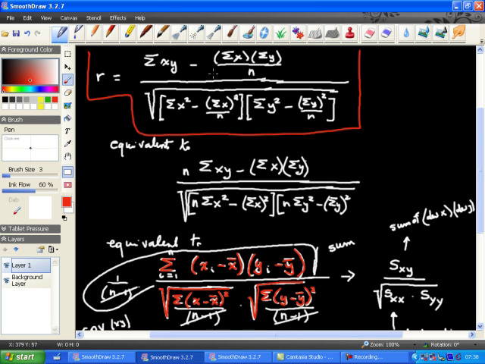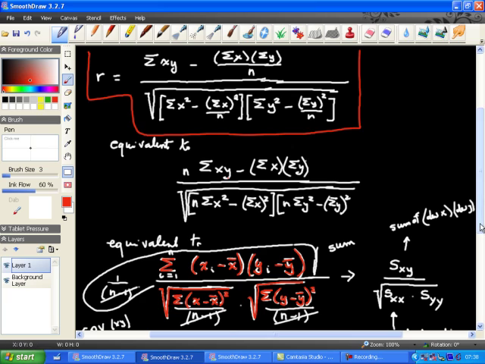An equivalent formula, if we find the common denominator both in the square roots and everywhere, becomes this formula here, where the n precedes the sum of the products xy and then disappears here, and the n precedes the sum of x squared and the sum of y squared and disappears from that.